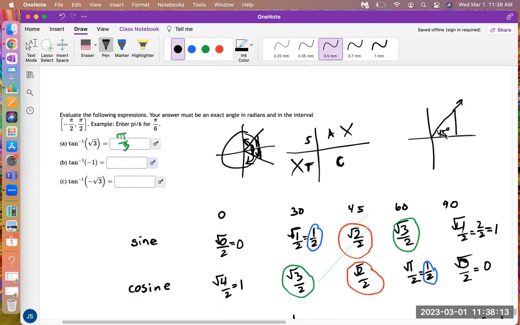Focusing on a 45-degree angle in this triangle, we calculate tangent as positive 1. If I go exactly the same distance down, 45 degrees down, it makes exactly the same triangle, just flipped in the bottom. But that triangle would have a negative tangent because our slope here in this fourth quadrant is negative. So it's negative 45, so negative pi over 4.